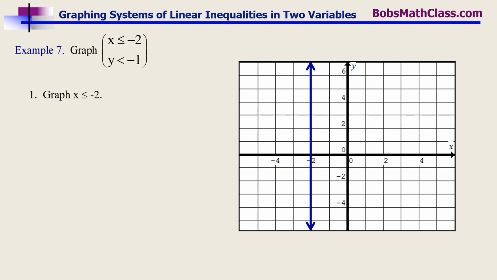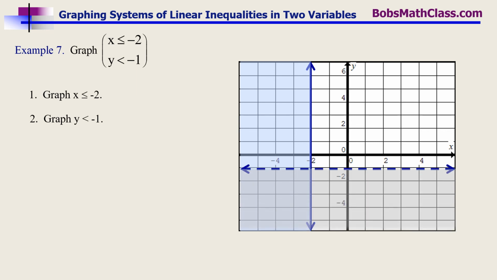So you graph x = -2 and then shade to the left. And the next one, y < -1. So we're going to shade below, and it's going to be a dashed line. So go to y = -1. That's a horizontal line. Draw a dashed line, and then shade below the line.